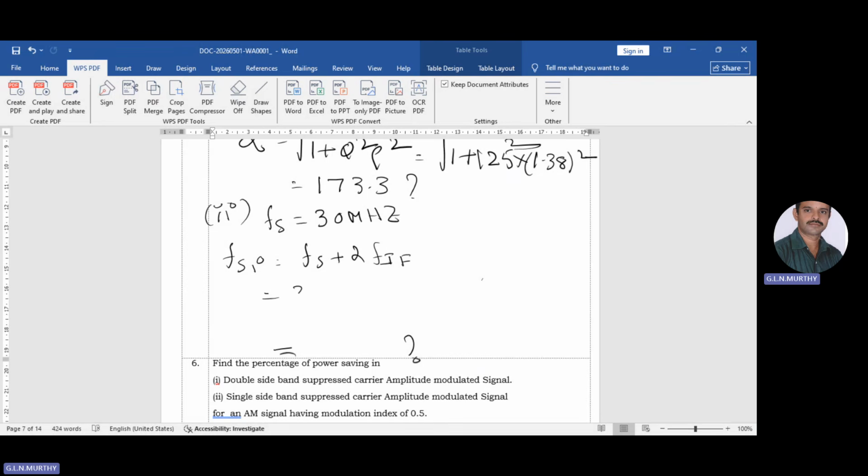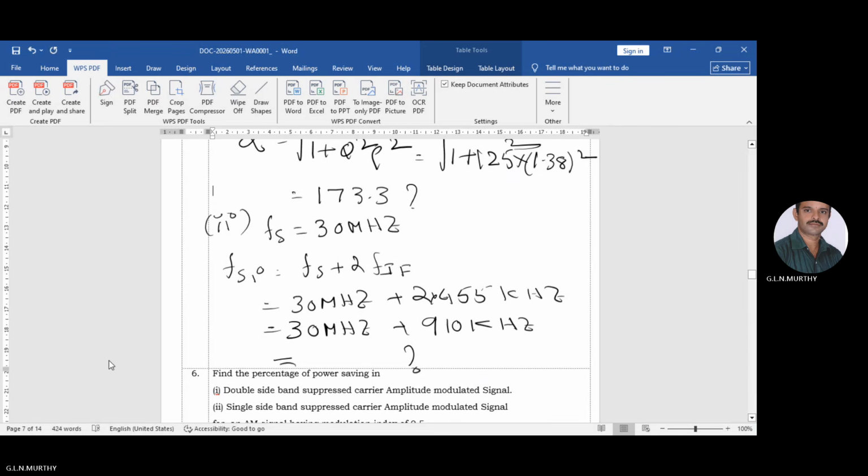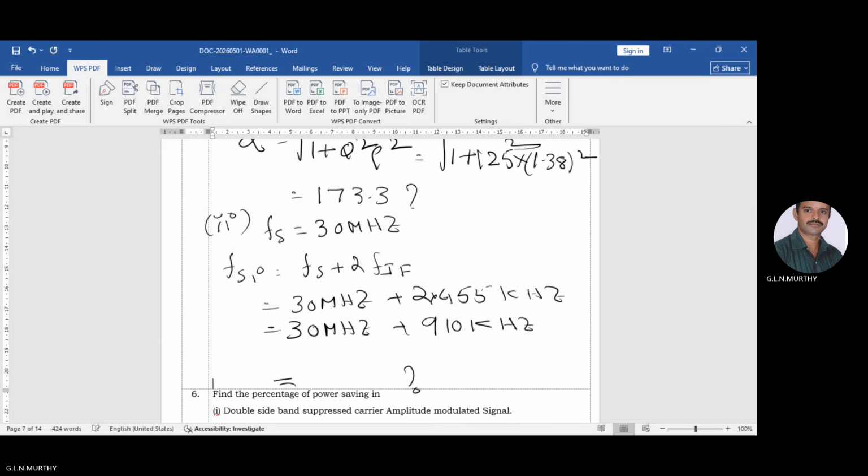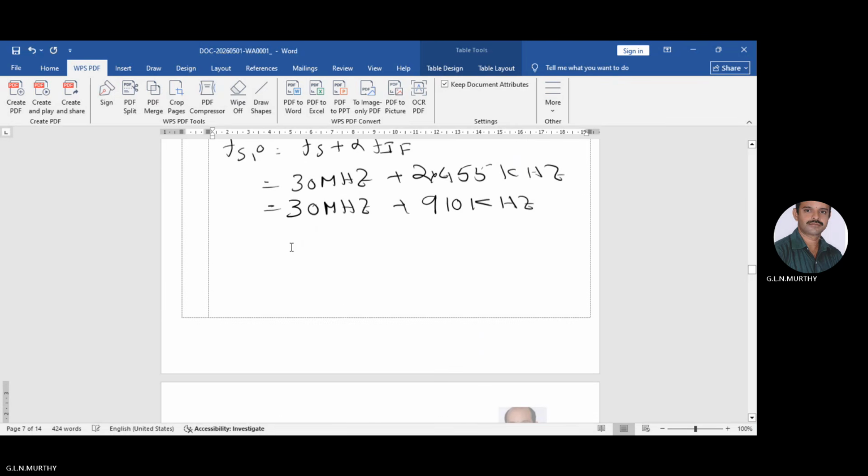It is AM, so the intermediate frequency is 455 kilohertz. So 30 megahertz plus 910 kilohertz. How much will it be?